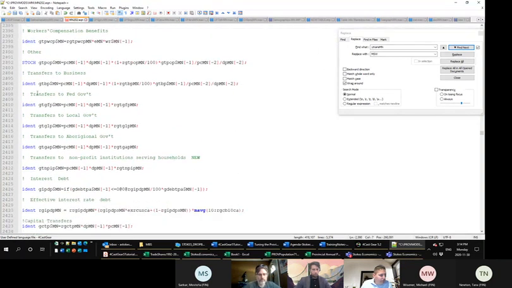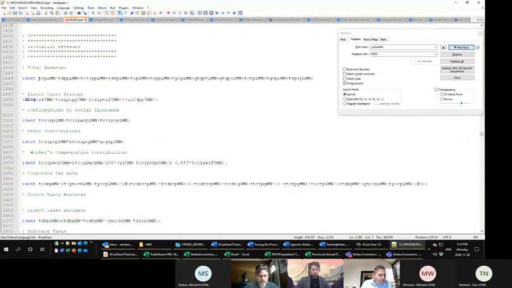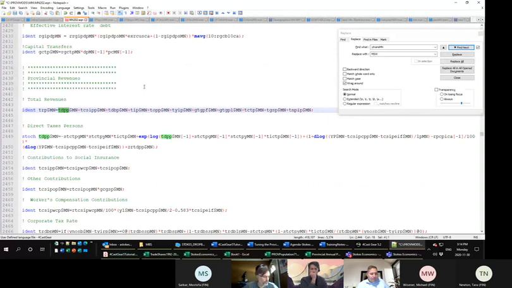And then you have all your transfers, all kinds of stuff here. And then on the revenue side, here we've got your direct taxes, of course, your income tax. Here we're looking at things like personal income, excluding your EI and CPP contributions, that kind of stuff. Your contributions to social insurance, direct taxes on business.